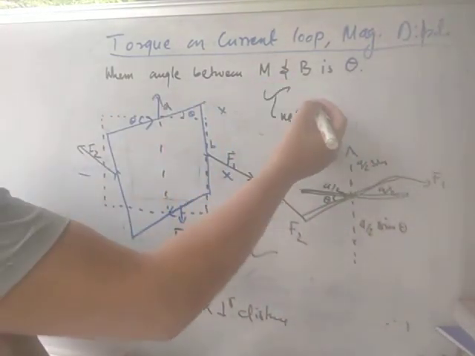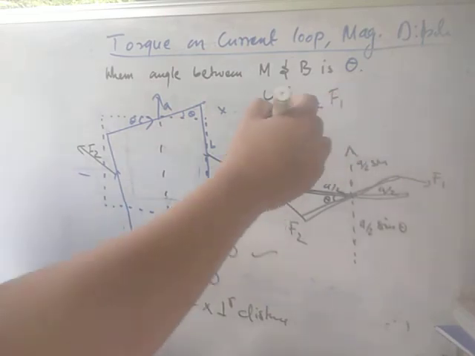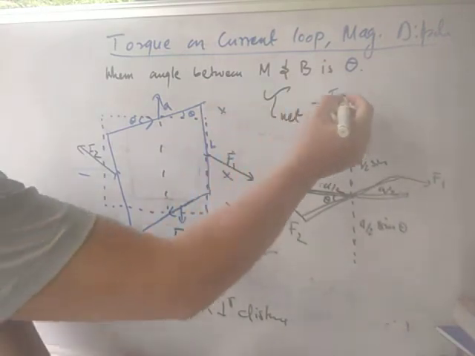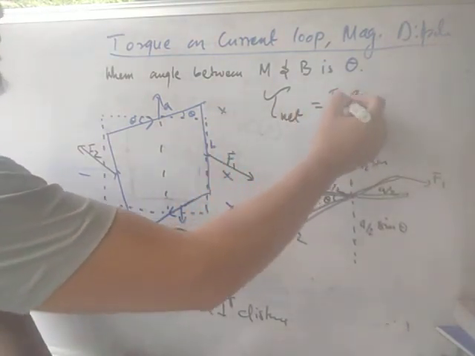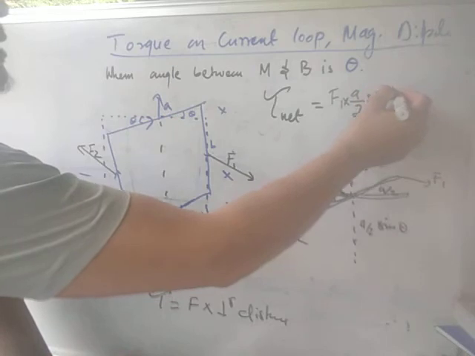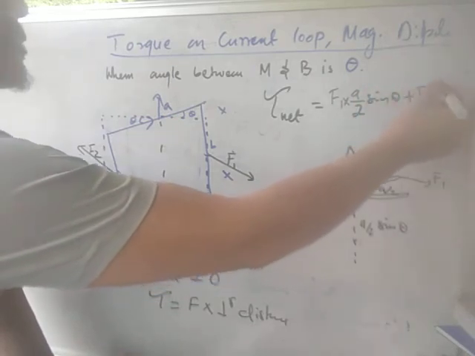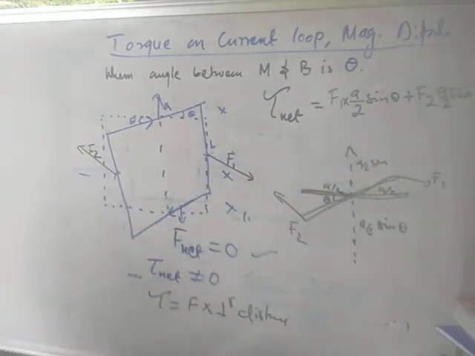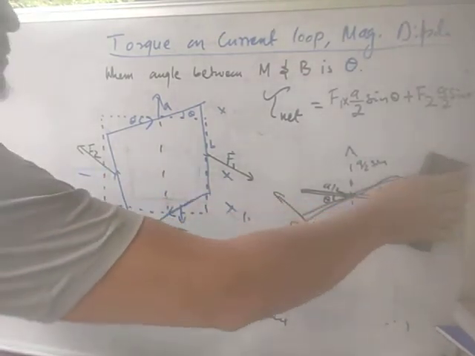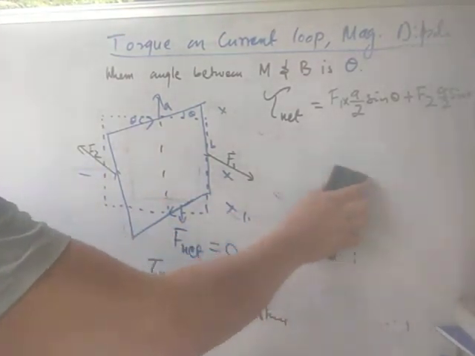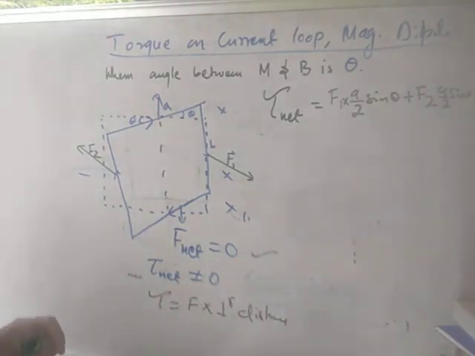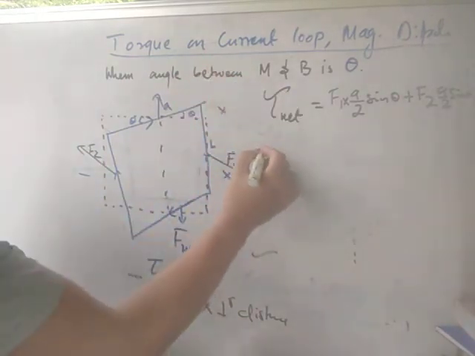So net torque equals F1 A by 2 sin theta, isn't it? Plus F2 A by 2 sin theta. It is written nicely in the book, okay? So now do it. So this is how much? F1 and F2, you know, isn't it? Yes sir. Sin theta is common, so got it.